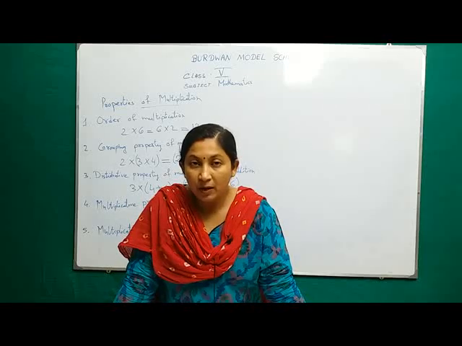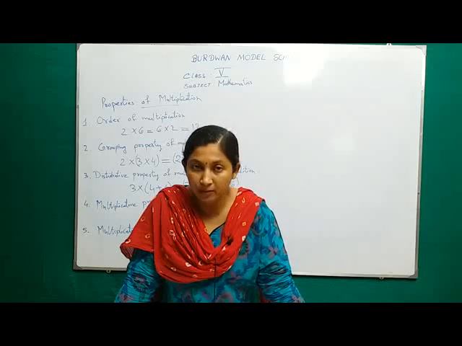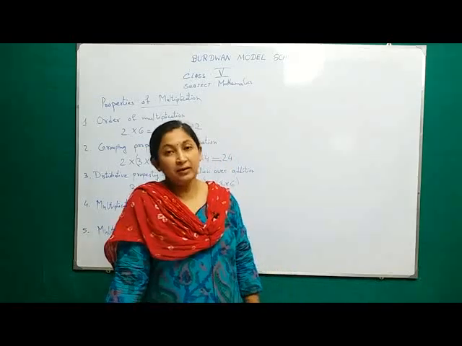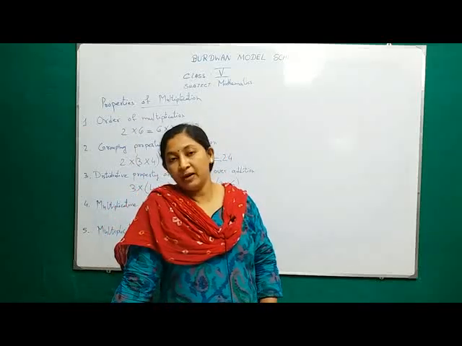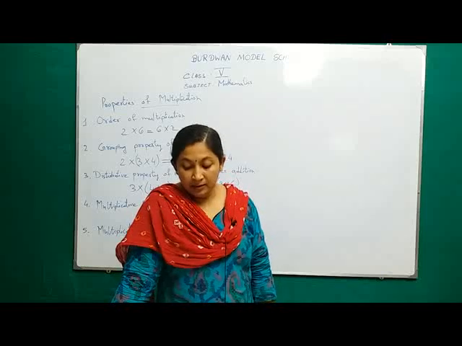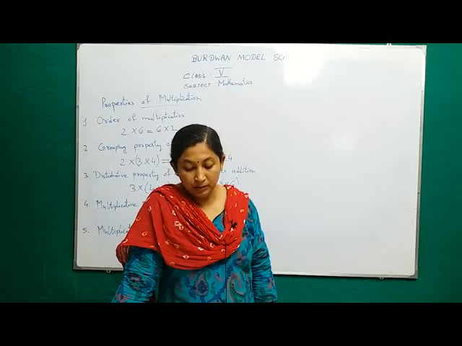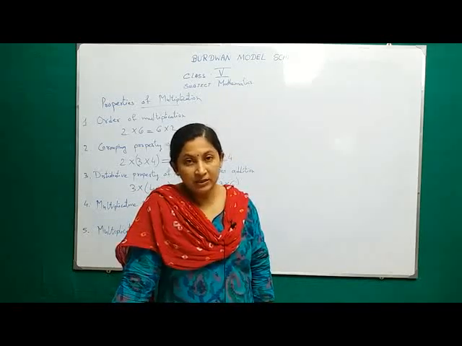Whenever you are multiplying with 10, 100 or 1000, you just write the number and add the zeros. If it is 10, then 1 zero will be added to that number. If it is 100, 2 zeros will be added. And if it is 1000, 3 zeros will be added. Suppose the first one, it will be 2718 and a zero, since 10 is there.